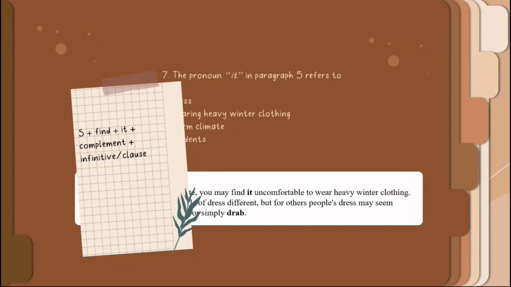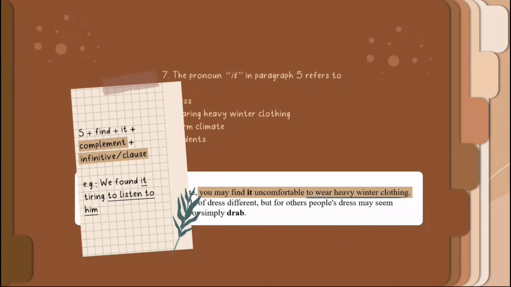For example, "We found it tiring to listen to him." In this case, "it" is used as a preparatory object in place of the infinitive clause "to wear heavy winter clothing," which has the adjective complement "uncomfortable" after the verb "find."